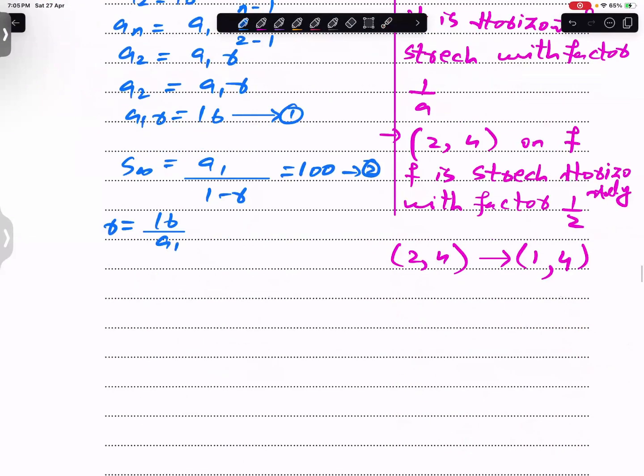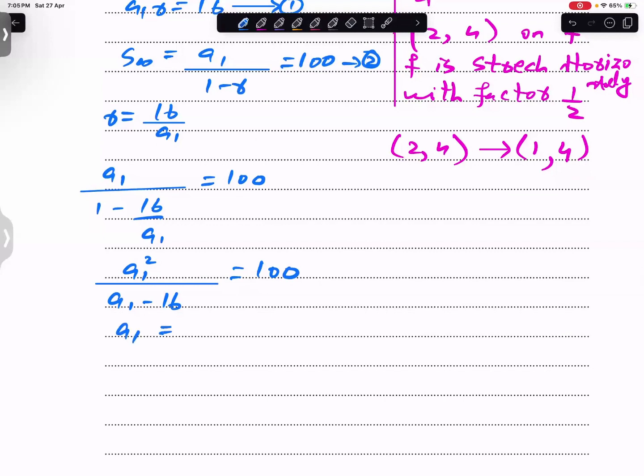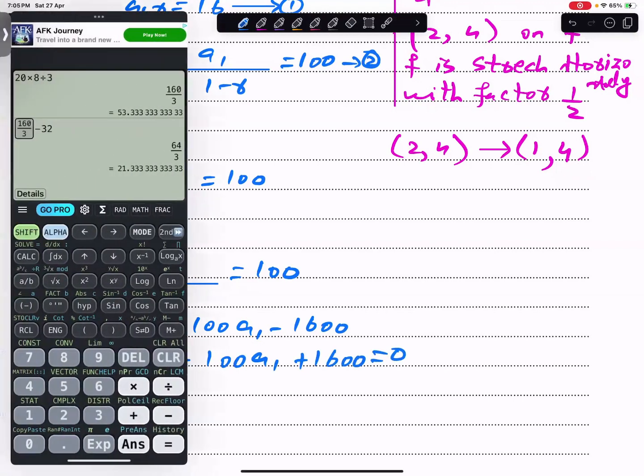Let's put the value of r in the second equation. So A1 over 1 minus 16 over A1 is equal to 100. So this is a quadratic equation. Now A1 squared over A1 minus 16 is equal to 100. So A1 squared is equal to 100 A1 minus 1600. So A1 squared minus 100 A1 plus 1600 equals 0.